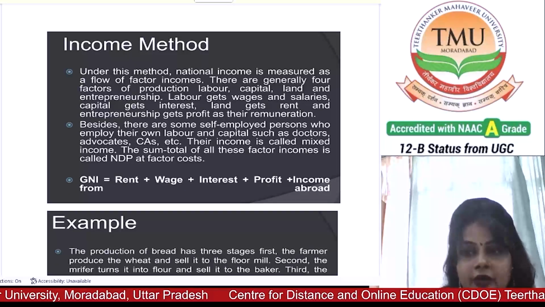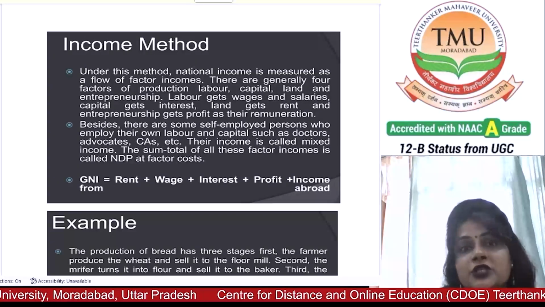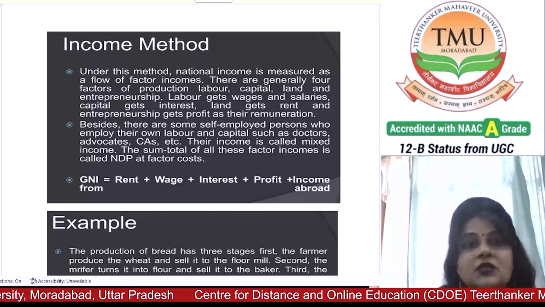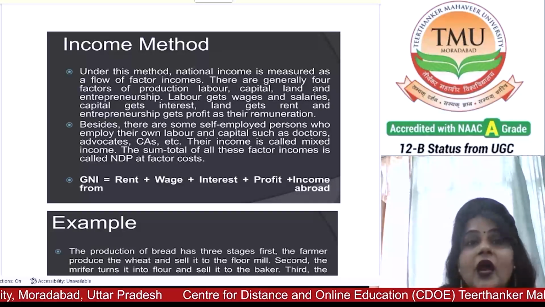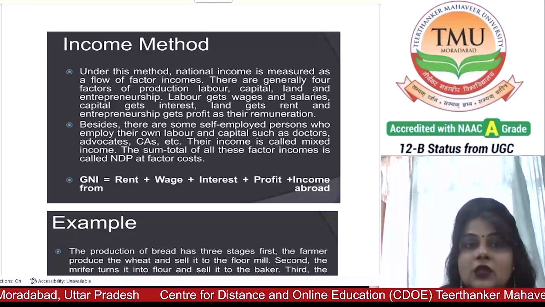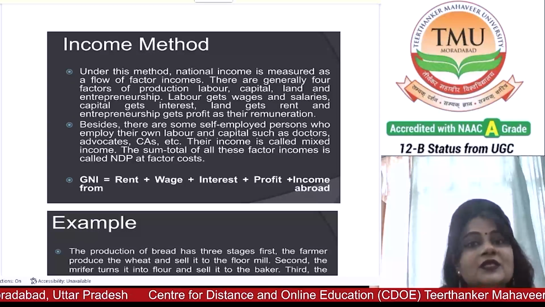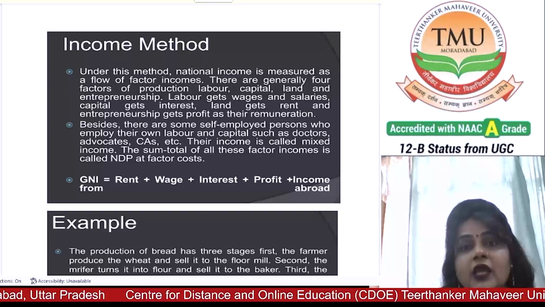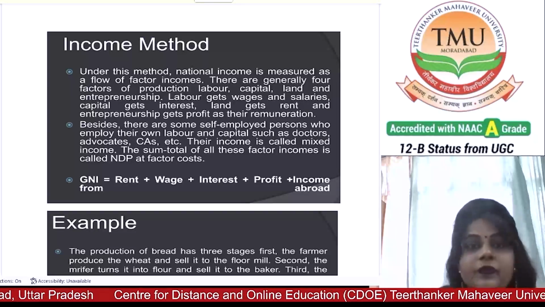Land gets rent. And entrepreneurship gets profits as their remuneration. Besides, there are some self-employed persons who employ their own labor and capital, such as doctors, advocates, CAs, etc. Their income is called mixed income.